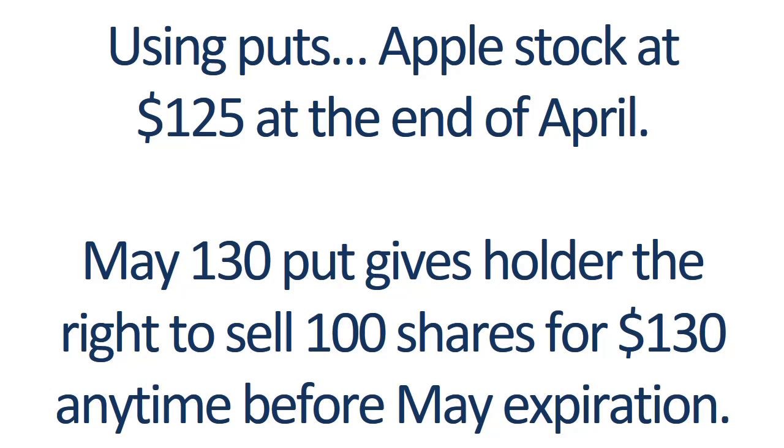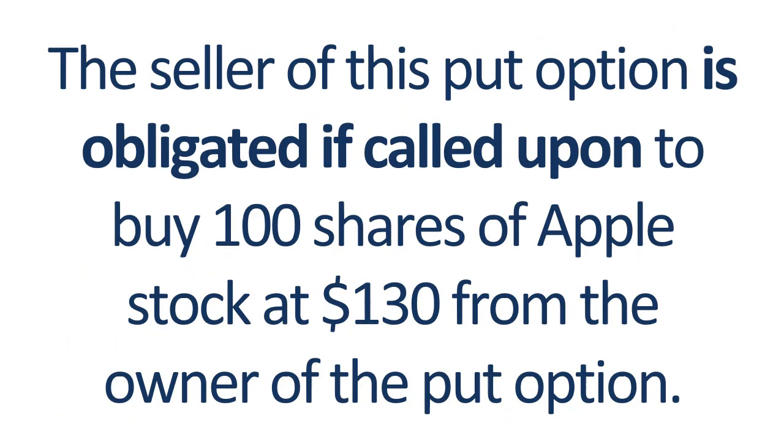With Apple stock at $125, the May $130 put gives the holder the right to sell 100 shares of Apple stock for $130 per share anytime before the May expiration. The seller of this put option is obligated, if called upon, to buy 100 shares of Apple stock at $130 from the owner of the put option.